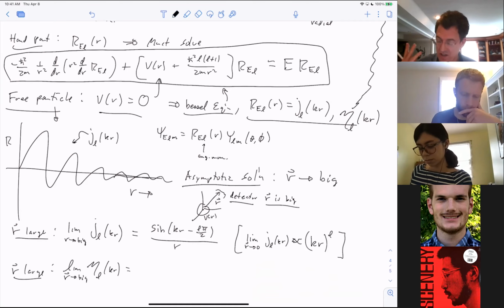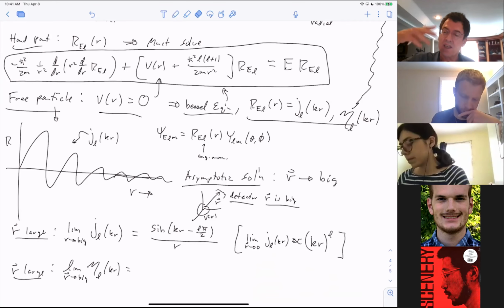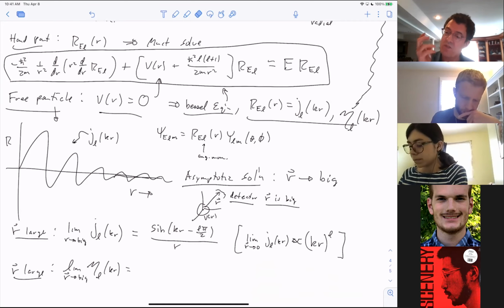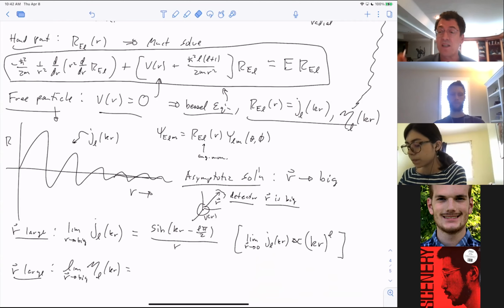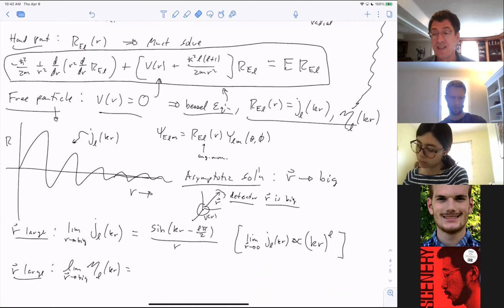And the Bessel equation is kind of like a wave equation, just a slightly more complicated one in spherical coordinates. It's like a spherical wave equation, and it has two solutions, the Bessel function and the Neumann function. And asymptotically, the Bessel function is the sine wave, and so that means that the Neumann function asymptotically is what? That's my question. Can you guess?